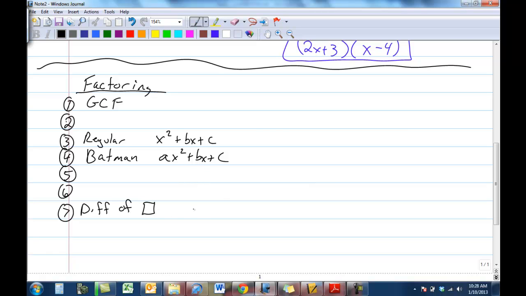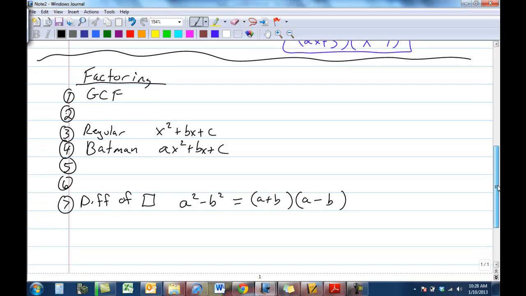And the difference of squares pattern was a squared minus b squared that would factor to a plus b, a minus b. All right, so those are the 4 ways that we have.